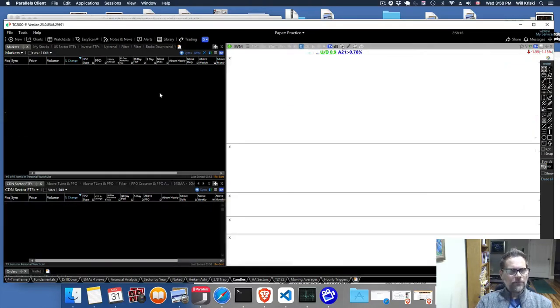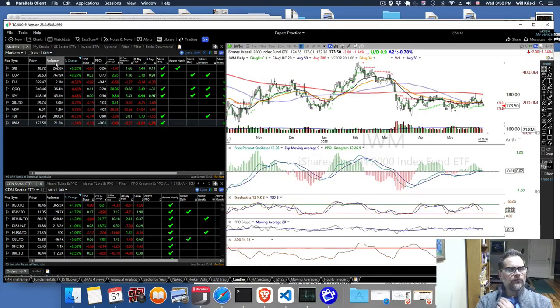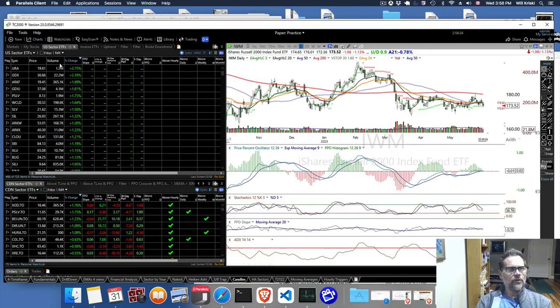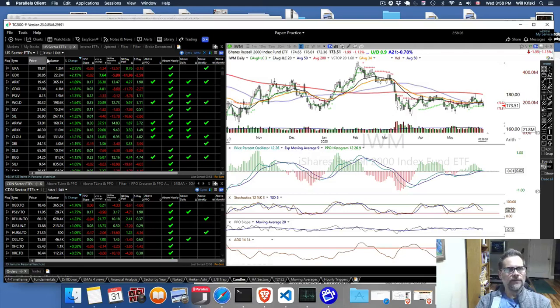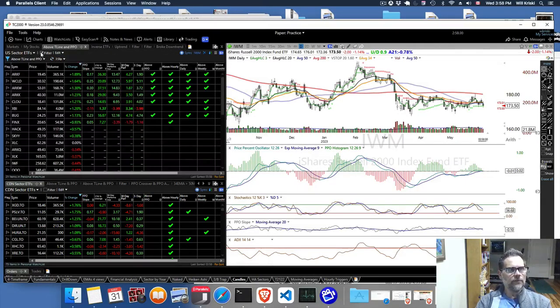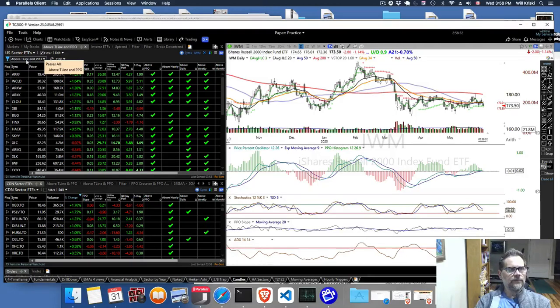Anyway, what I wanted to point out was I've got these scans that I do. They're like filters on the stocks. Say I have the US sectors and I want to filter it and scan for certain scenarios. You click on this check mark, and then you've got this criteria condition that I have here.